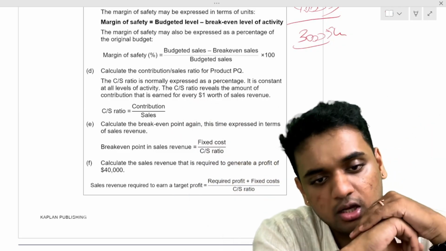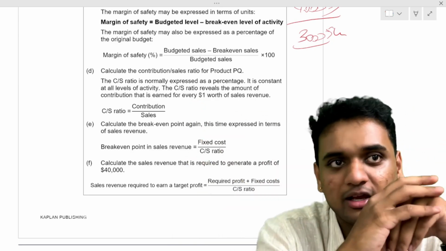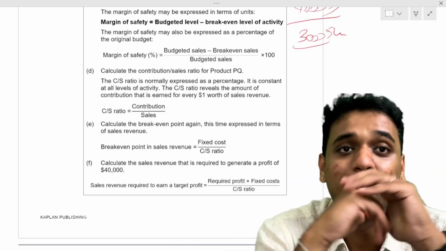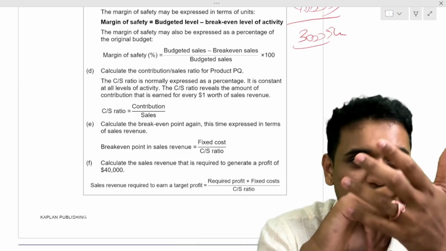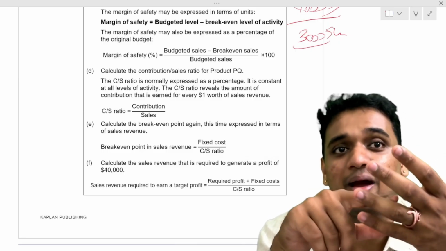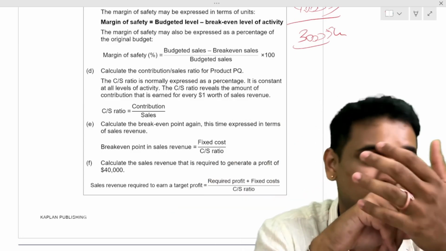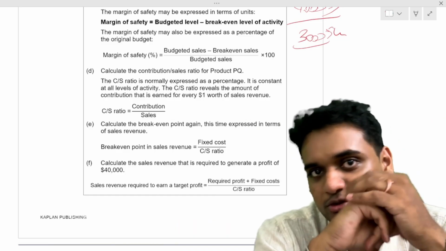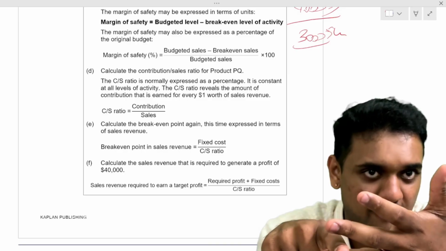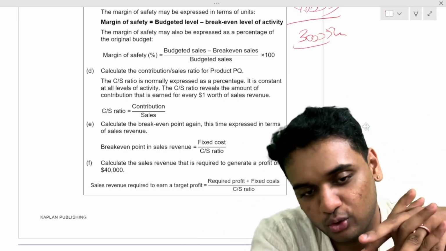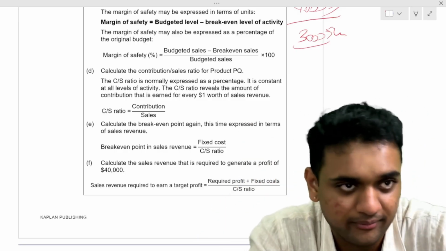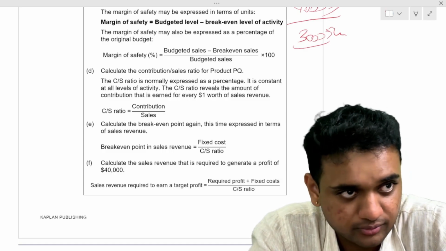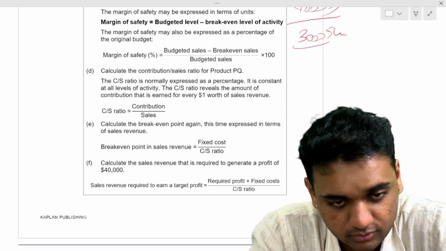Now they have given a question: how much sales you have to make in order to get a profit of 40,000? What might be the formula? Fixed cost plus required profit divided by CS ratio. If you divide by contribution per unit, you will get the number of units. They are asking in amount, so fixed cost plus required profit divided by CS ratio. Required profit is 40,000. How much are you getting?